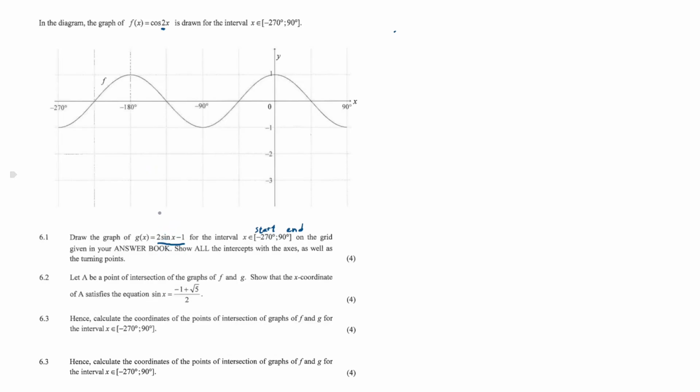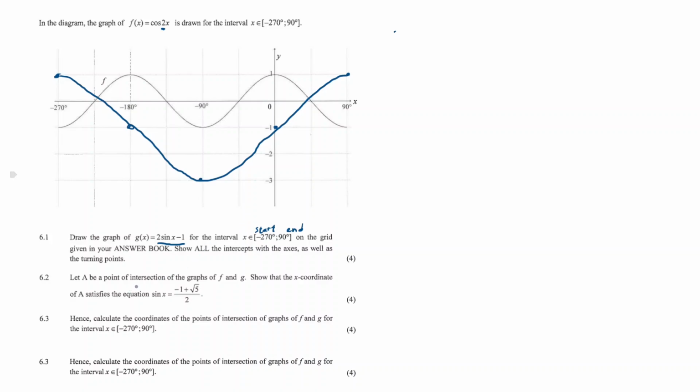It's given me my coordinates, and they are minus 270 and 1, minus 180 and minus 1, minus 90 and minus 3, 0 and minus 1, and then back up to 90 and 1. And so you've got a graph that looks roughly like this.